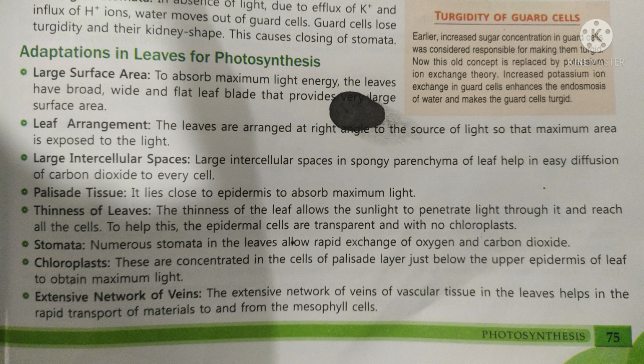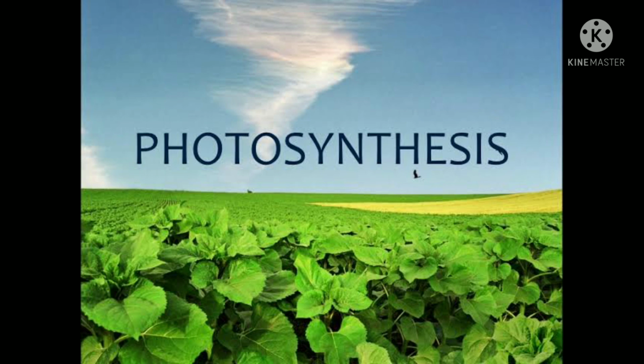The leaves are arranged at right angles so that maximum area is exposed to light. Similarly, there are large intercellular spaces in the spongy parenchyma of the leaf. Then there is a palisade layer which is also adapted to absorb maximum sunlight. Then the thinness of the leaf allows maximum sunlight to penetrate through it.